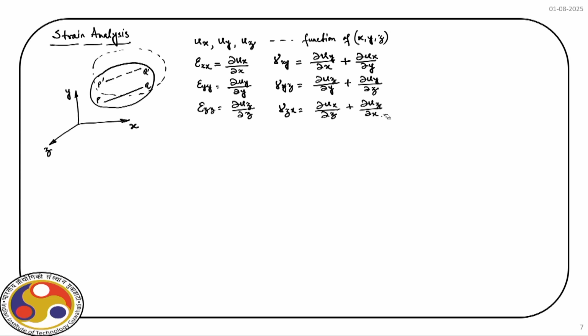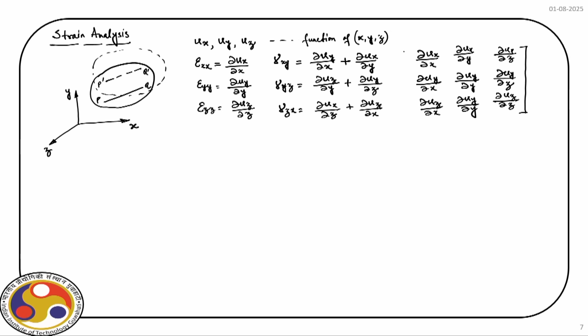Okay, so these are the strain components and we also defined a matrix, and it is called the displacement gradient matrix, right.